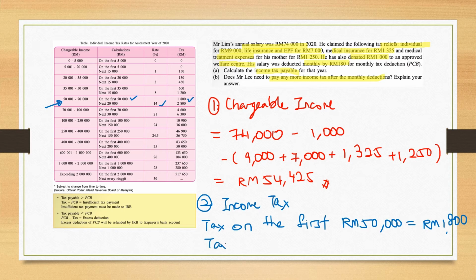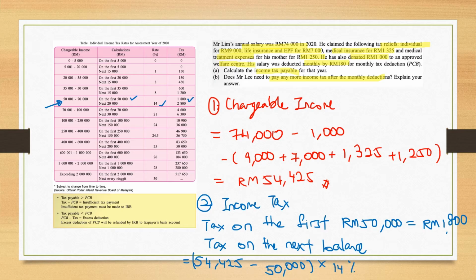Tax on the next balance. You look at your chargeable income, 54,425 ringgit, minus your 50,000 here, and then times your 14% tax rate.